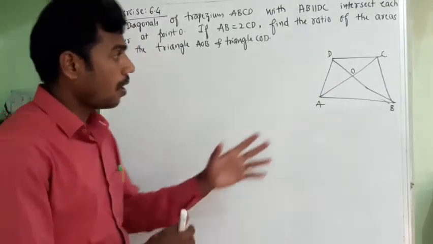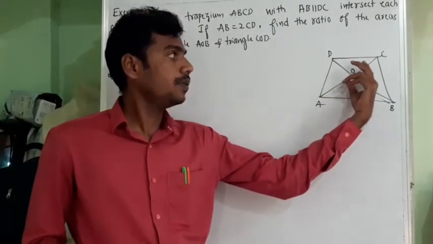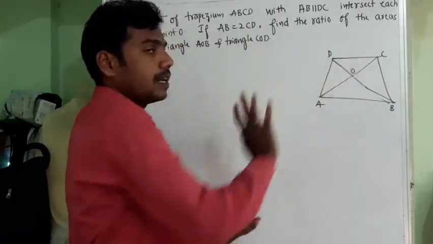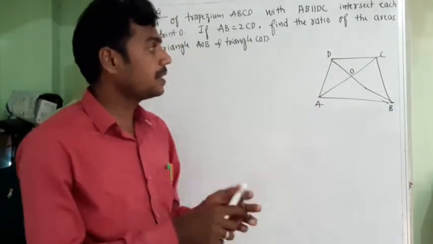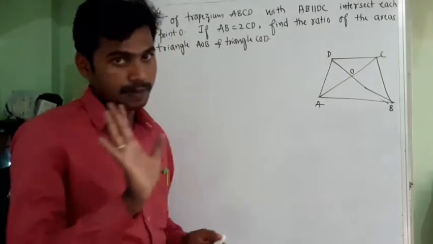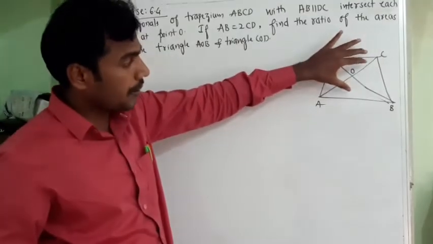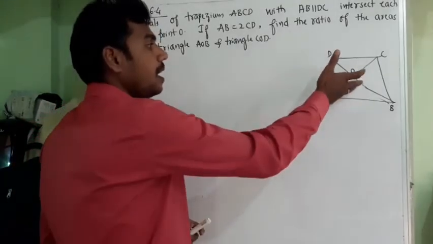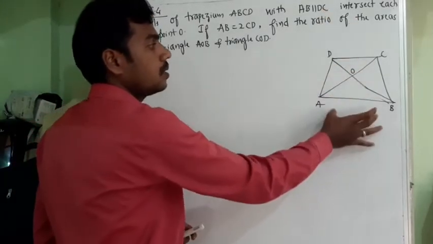If I want to get the relation between the areas of these two triangles by the theorem, first I need to show these two triangles are similar. Once I show they are similar, I can get the ratio through these two sides.